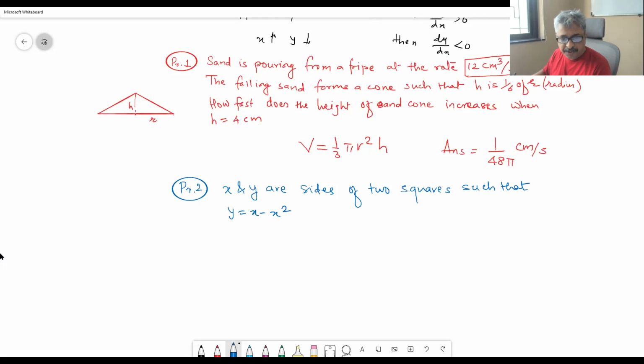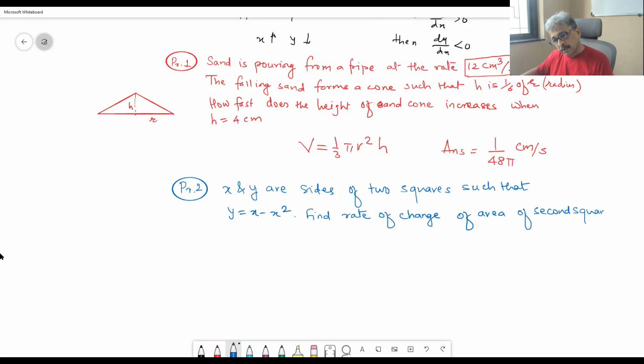Find the rate of change of area of the second square with respect to the first.